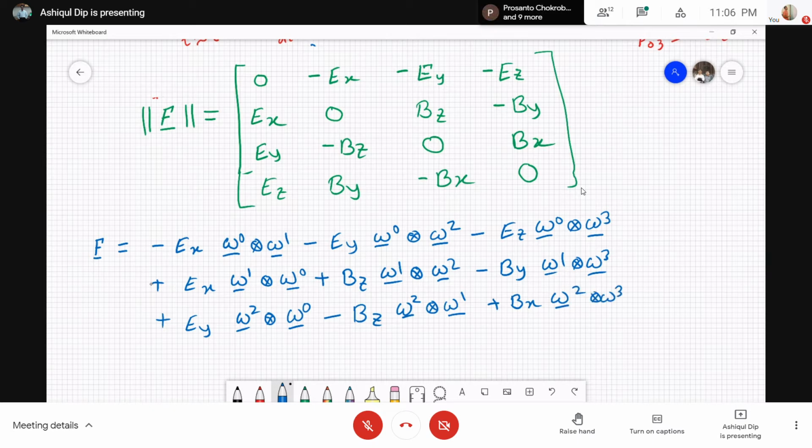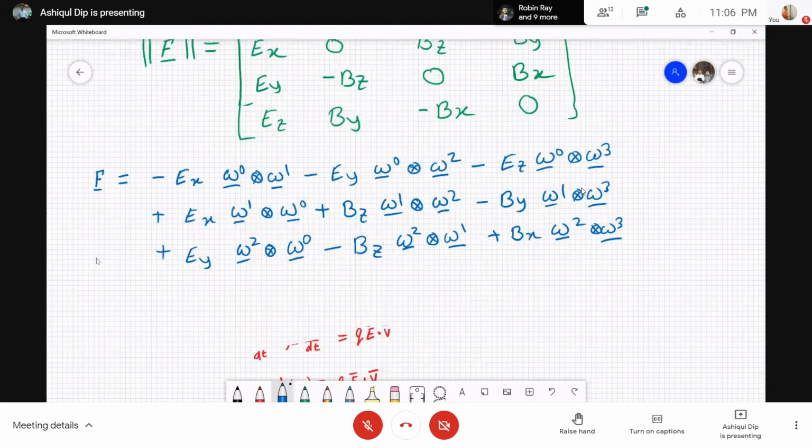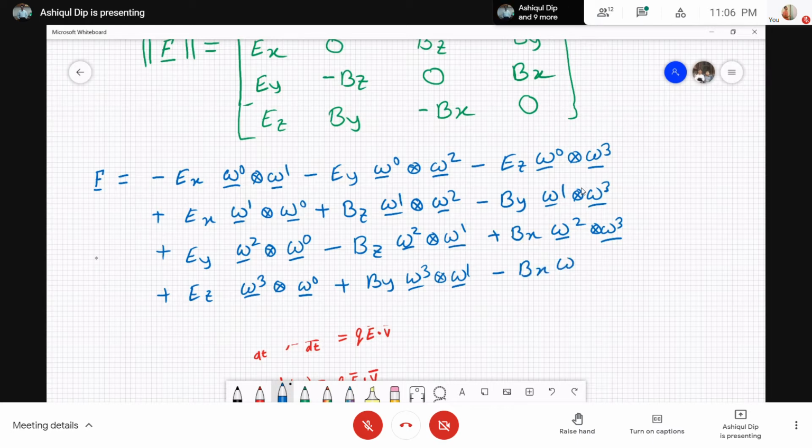Then plus Ez omega 3 times omega 0, plus By omega 3 times omega 1, minus Bx omega 3 times omega 2.